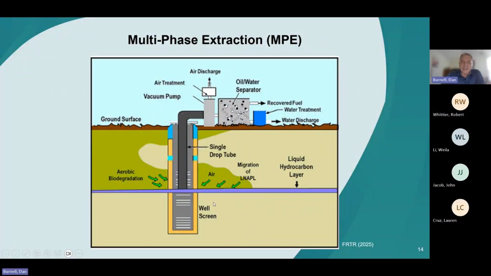And so this multi-phase extraction technology is designed to take air out and clean the air, also to pump the LNAPL out, the actual pure phase materials, and treat it, and also pump the groundwater out. And so it can deal with each of those three phases. And so that's multi-phase extraction.